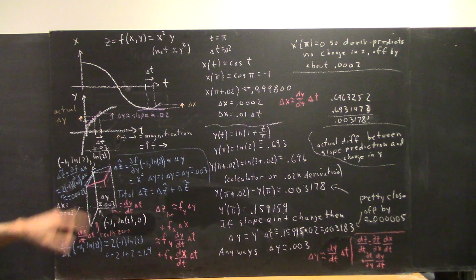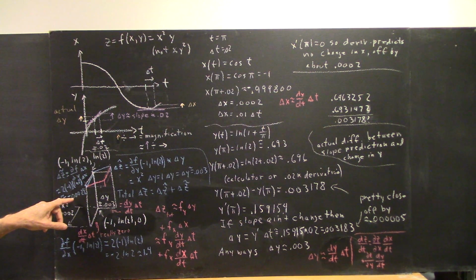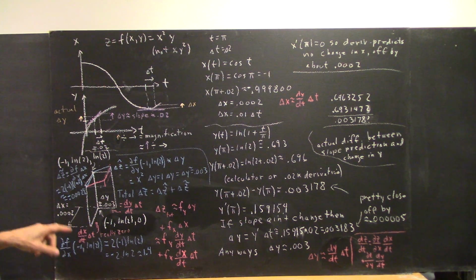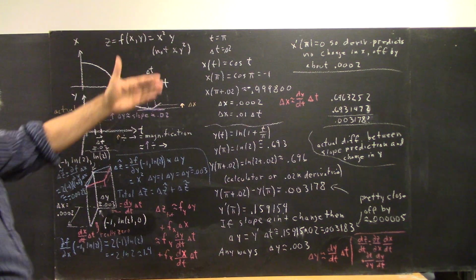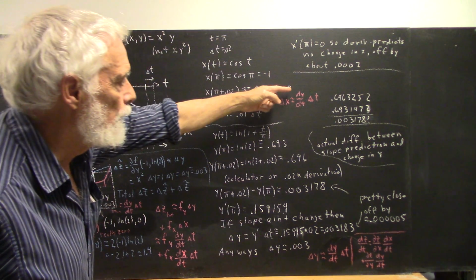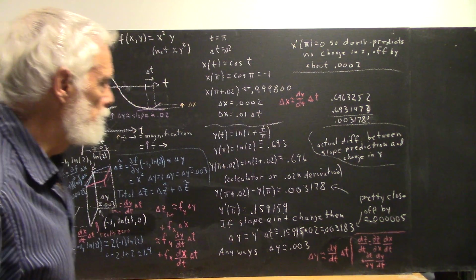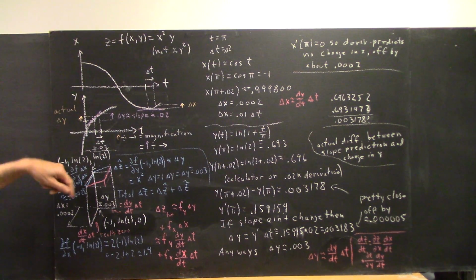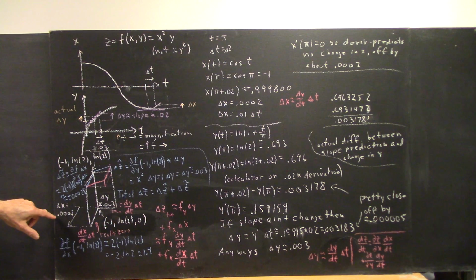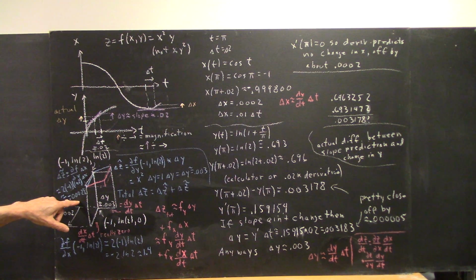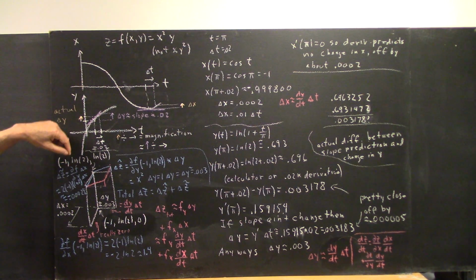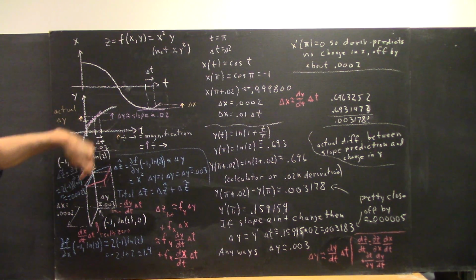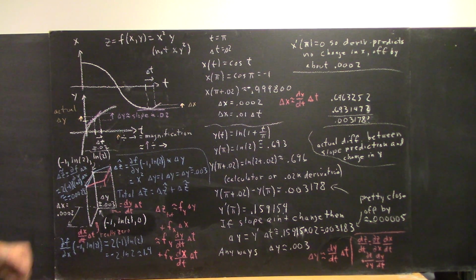Now that's all right. That really doesn't equal negative 0.0028 because the change in x is really 0 if we use the actual derivative of x with respect to t here. But fudging a little bit, letting delta x equal 0.0002, we find that the change in z due to the rate at which the function changes with respect to x, in other words, change in this direction, is negative 0.0028.